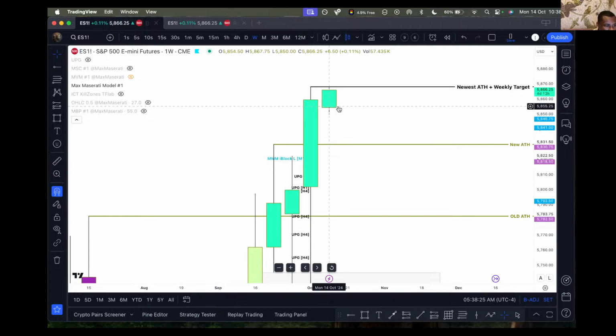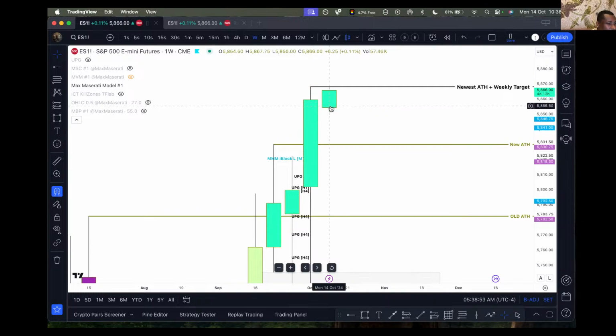What we can see here is that this candle opened lower, which means that the sellers tried to push this price down, which means we have a lot of sellers inside of the market because they were able to push price down. This candle did not open at the same closing level of the previous week, which is telling us that the sellers are inside of the market.